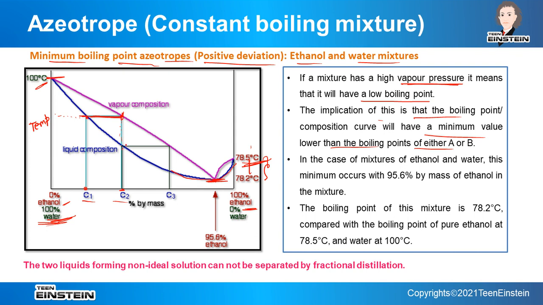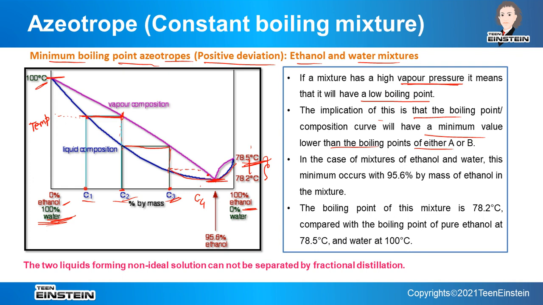Again if we move towards the corresponding vapor composition, now we are reaching C3. Compared to C2, the amount of ethanol at C3 is even higher. In this way, again suppose you are moving here to another point, suppose C4. Ultimately when we reach, suppose, this point, still it is the ethanol which is higher compared to water.